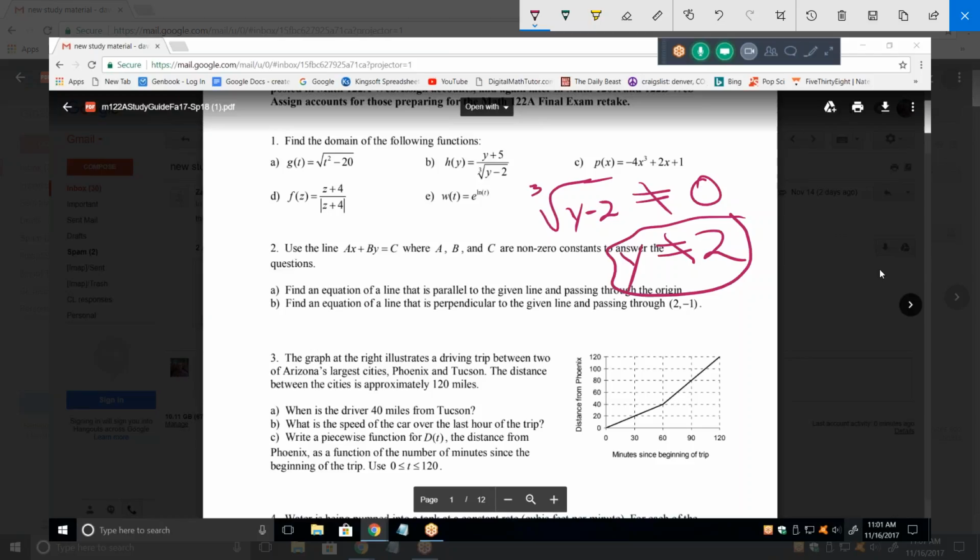I'm not sure how they want answers here. Do they want everything in interval notation, or can you give your domains in various ways? Yeah, they usually use interval notation. Okay, let's put this in interval notation.